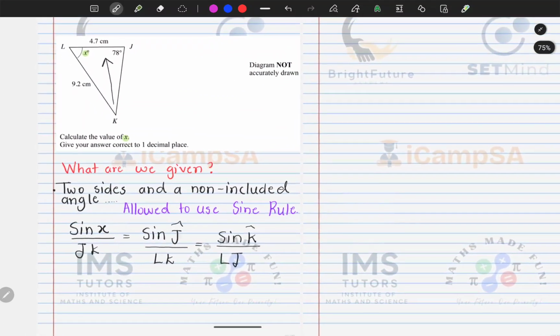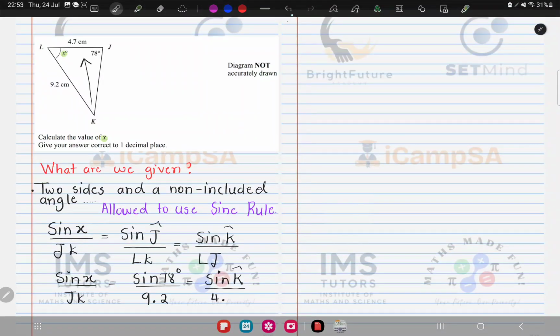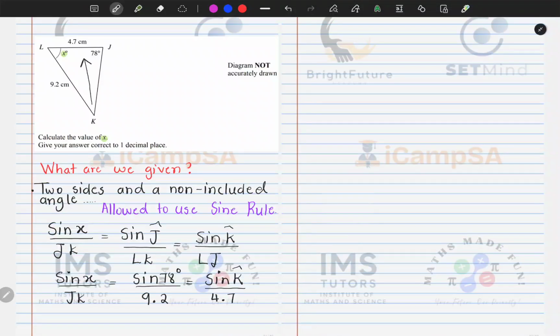Okay, so I'm now going to put in what we have. We'll have sine of x divided by JK, which we don't have, and then sine of angle J, which is 78. So I'll have sine of 78 divided by LK, which is 9.2. And this will be equal to sine of K, which I don't have, divided by 4.7.